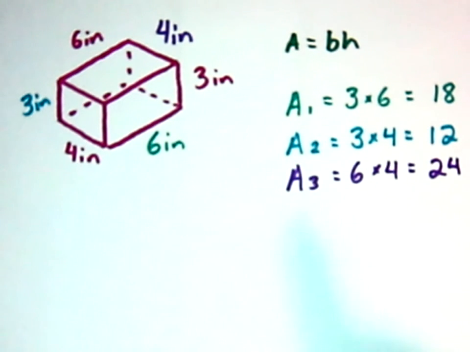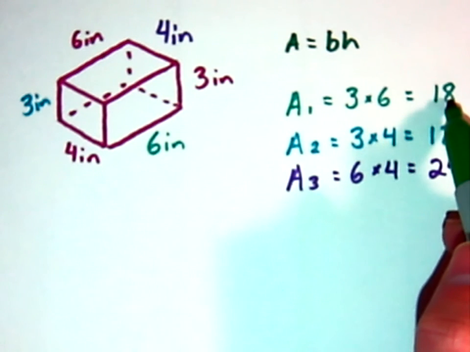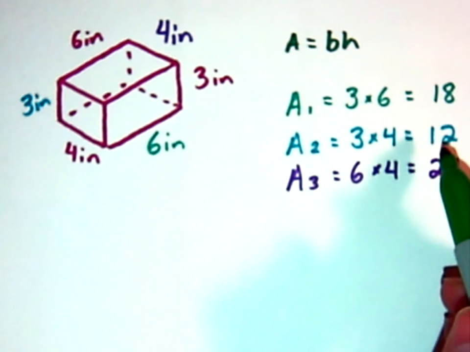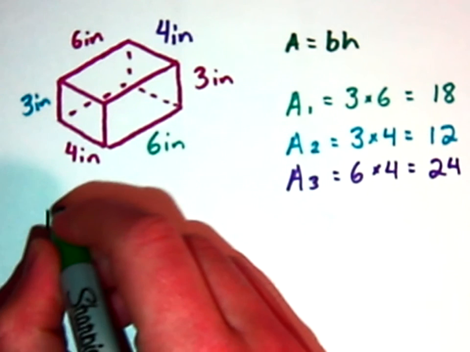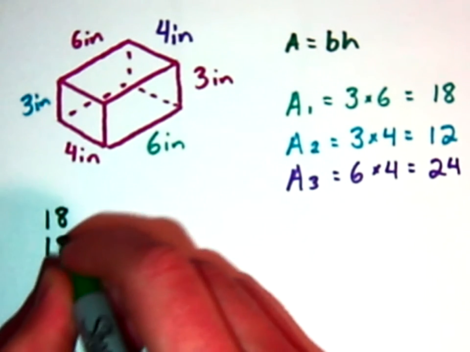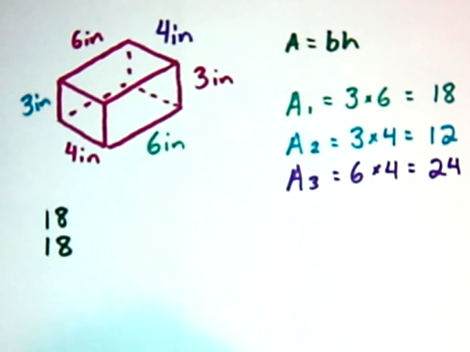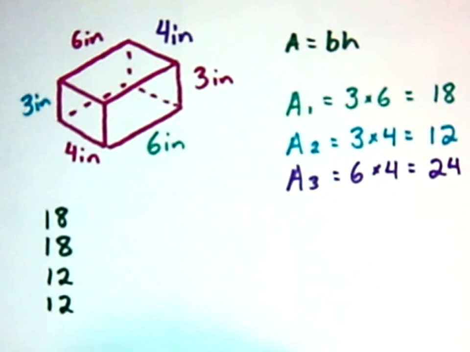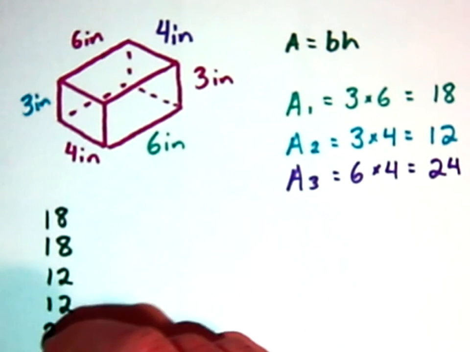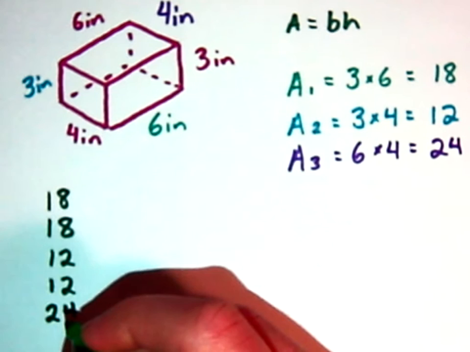So, when we solve this out, well, we've got 18 inches. We've got 12 inches. We've got 24 inches. So we can say, well, there are actually 2 faces that are 18 inches. There are 2 faces that are 12 inches. And there are 2 faces that are 24 inches.